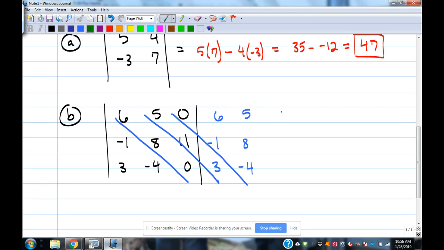So we would say 6 times 8 times 0. We would add that together with 5 times 11 times 3. And then we would add that together with 0 times 1 times -4.